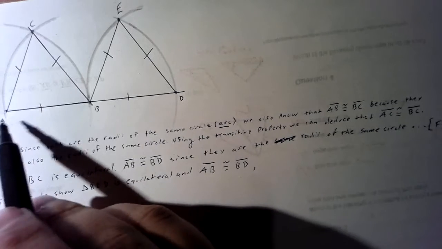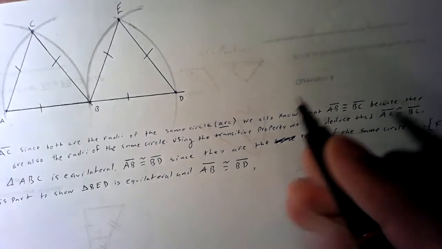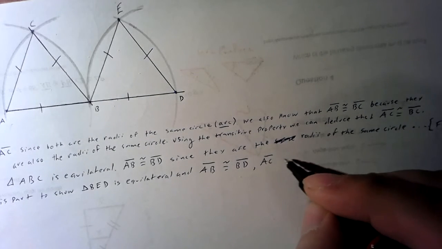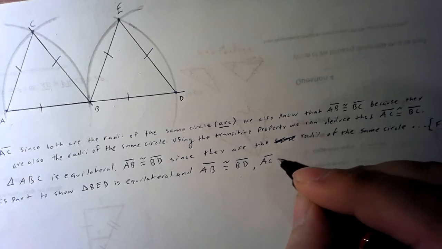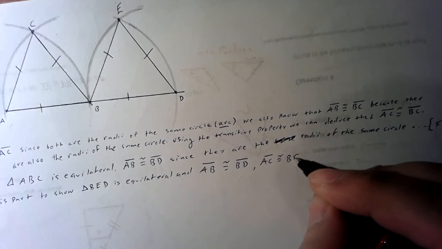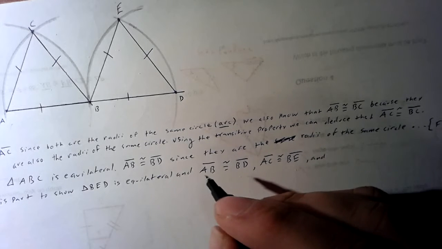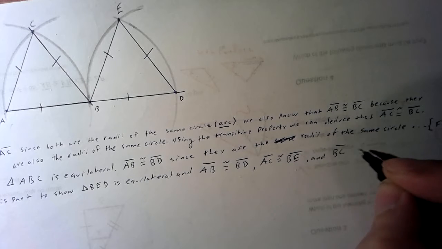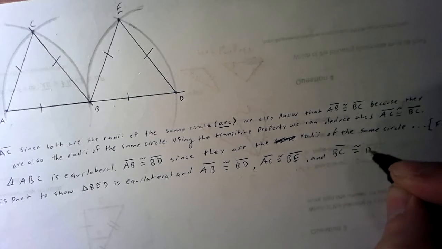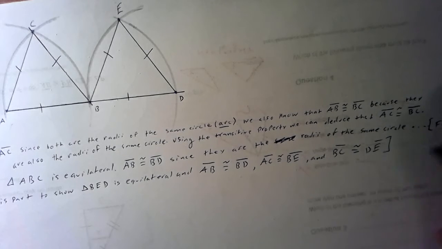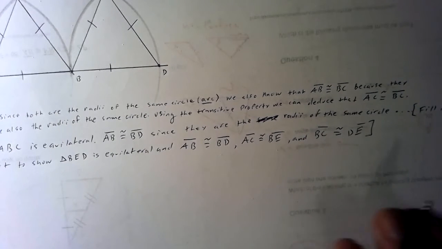So we're going to use that AB is congruent to BD, AC is congruent to BE, and BC is congruent to DE. So we're going to mention that there.